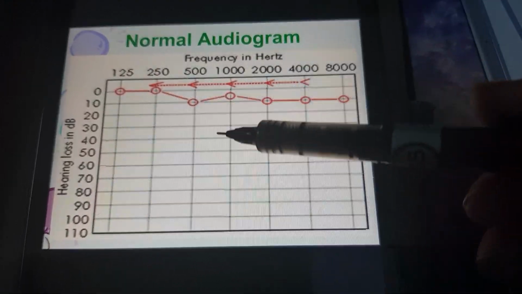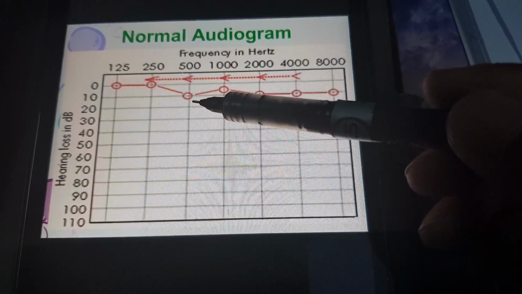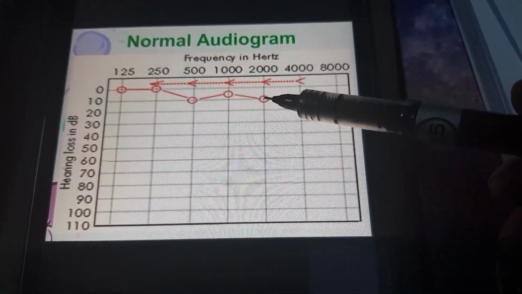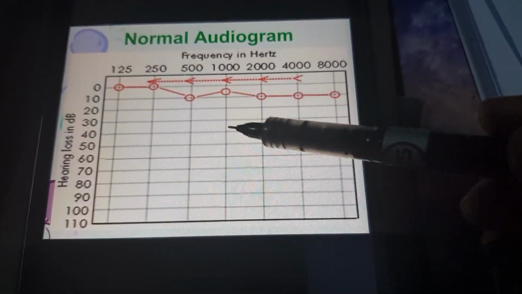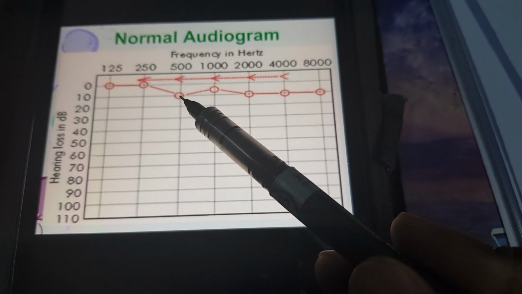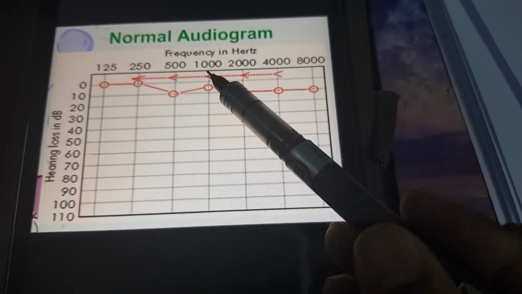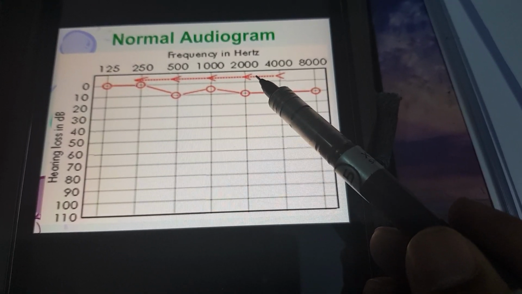If we see this audiogram, the color of the audiogram is red. This means this is the right side. The symbols used for the right ear are the circle for air conduction and the less than symbol for bone conduction.